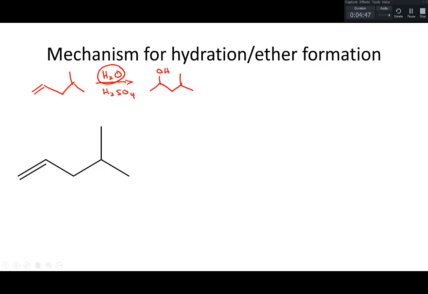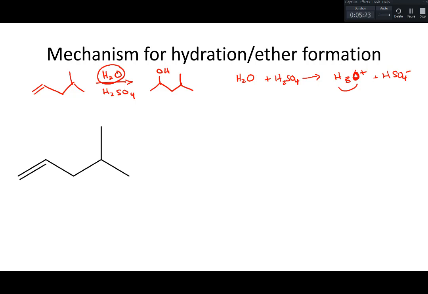You have water, and you have a strong acid, and these will do an acid-base reaction, H2SO4, and we'll have an acid-base reaction which produces hydronium and then hydrogen sulfate, HSO4 minus. So this, even though we're not talking about what's going on with this, is actually going to form your hydronium ion. So this becomes your electrophile in the reaction.